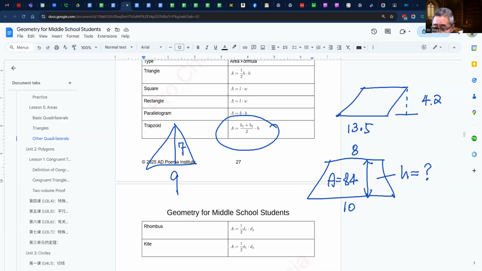Okay. Now we're going to change that a little bit. It's still a triangle. We know the base is 15 and we don't know the height, but we know the area. The area is 60. We're trying to find the height.